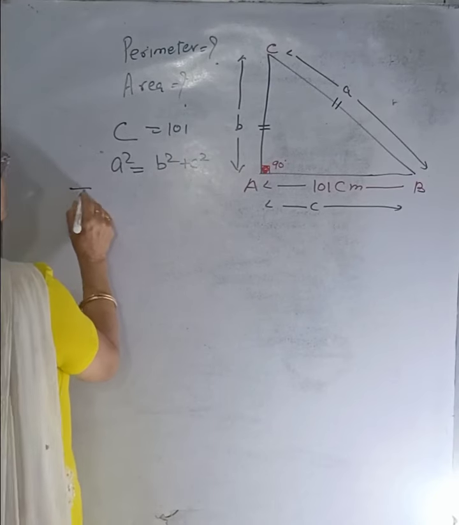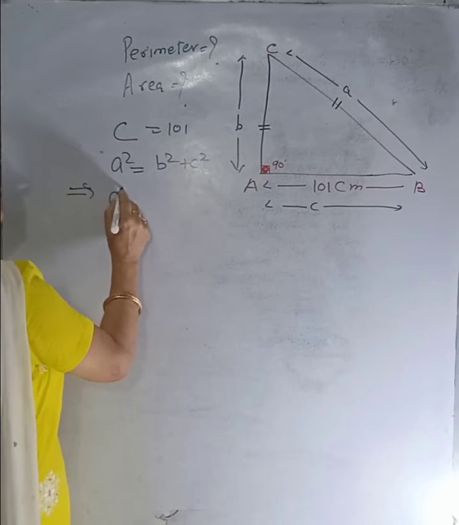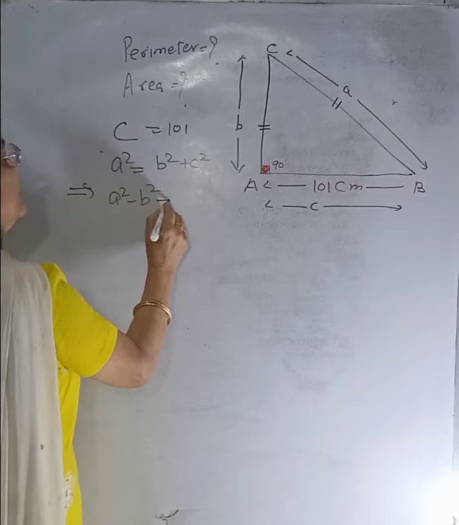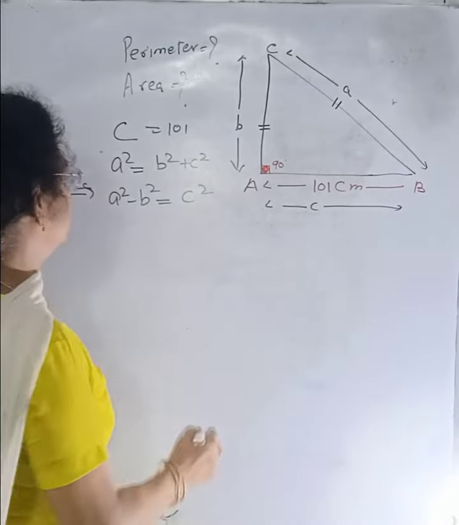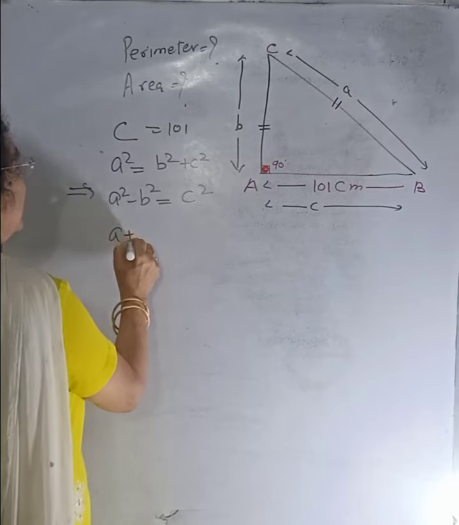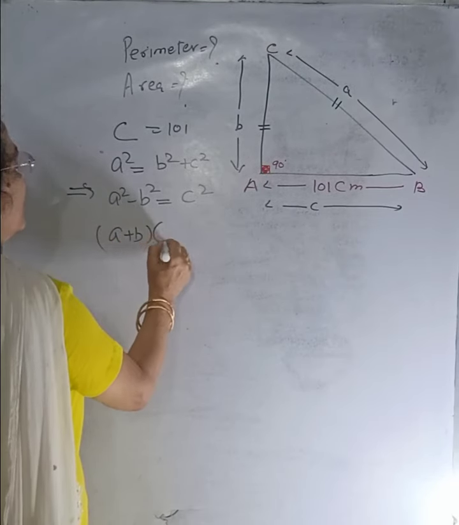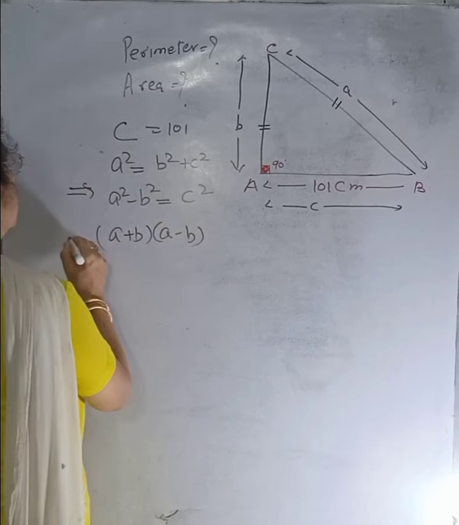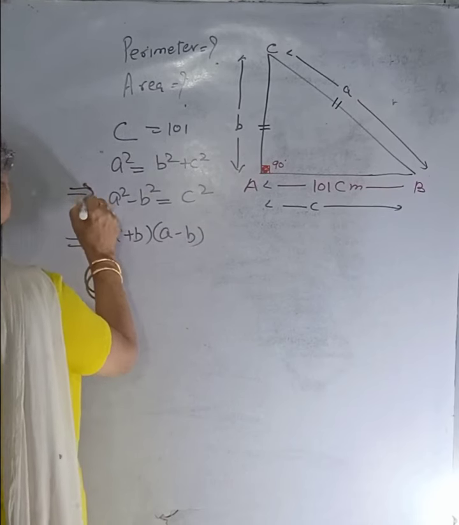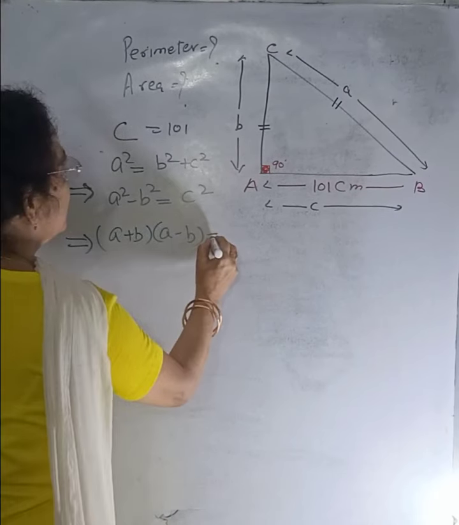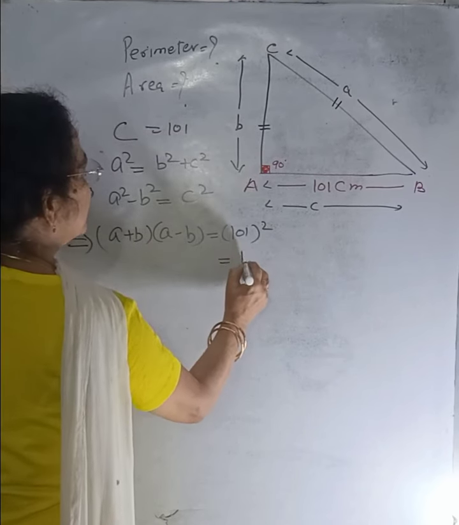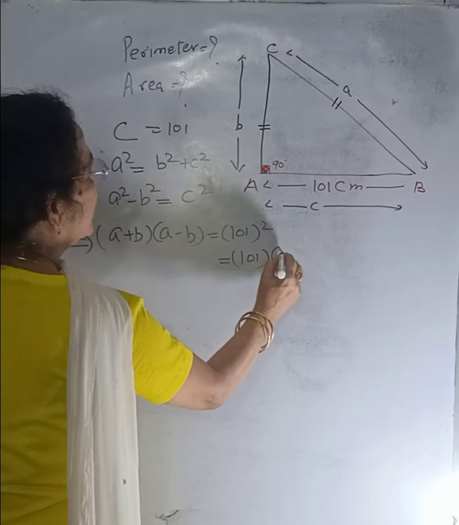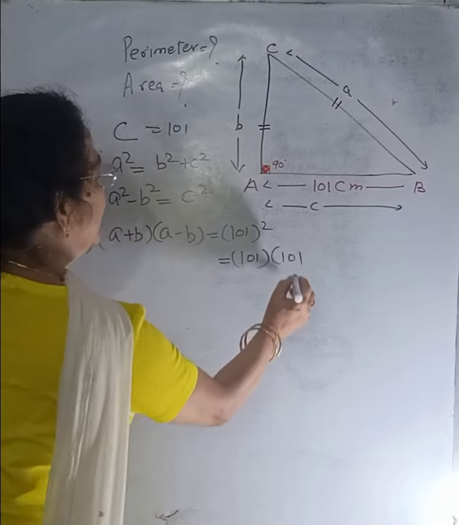Or we can say, as per Pythagoras, that A square minus B square will be simply equal to C square. C square is known to us. This A square minus B square can be written as A plus B into A minus B. This will be equal to 101 whole square, or it can be written as 101 into 101.